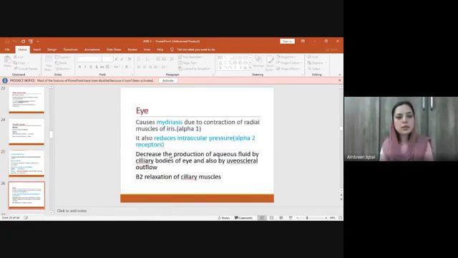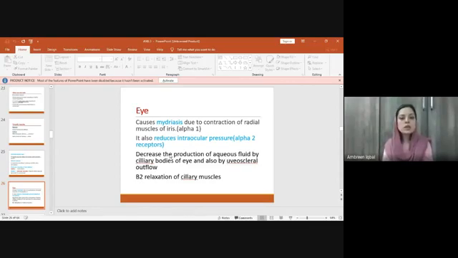Then comes the eye. As we earlier studied the eye in parasympathomimetics and parasympatholytics, now we are going to discuss the eye and sympathomimetics. Adrenaline causes mydriasis due to contraction of the radial muscles of the iris through alpha 1 receptors. It also reduces the intraocular pressure. Glaucoma can be due to two reasons: increased synthesis of aqueous fluid, or decreased drainage of aqueous fluid from the eye.